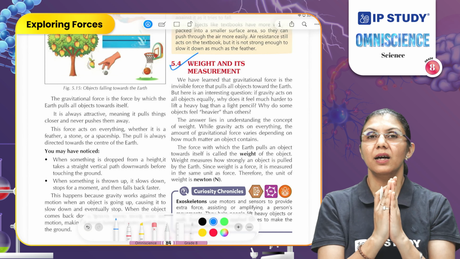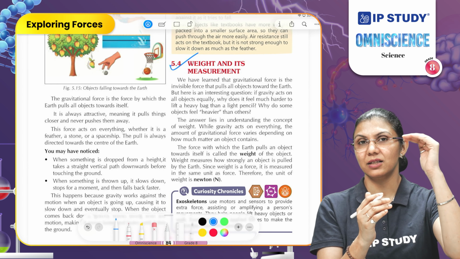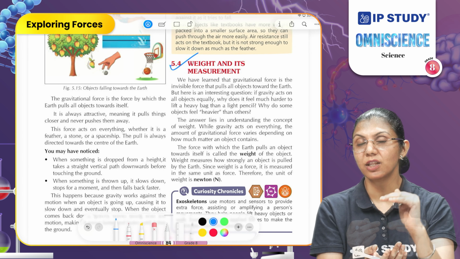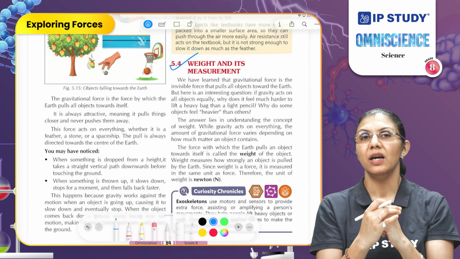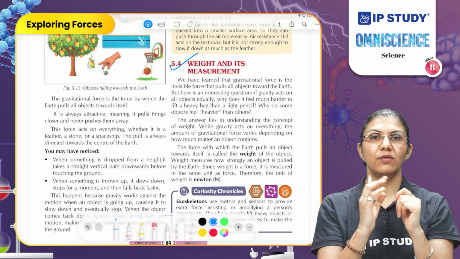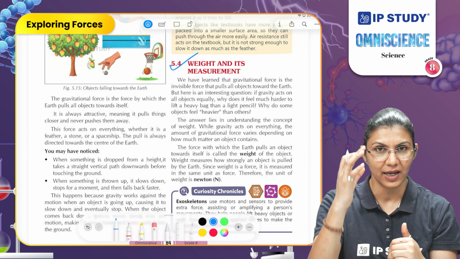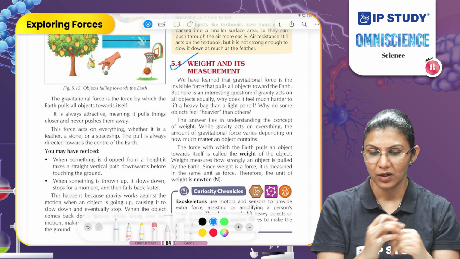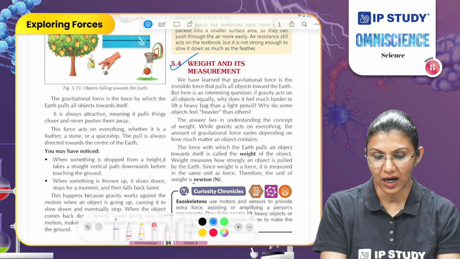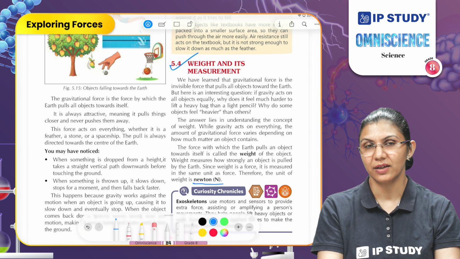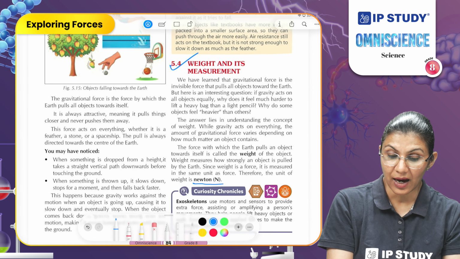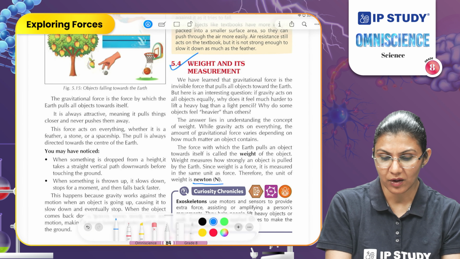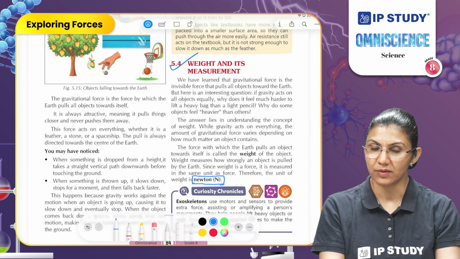But as it is the force applied on the particles of that object, we also conclude that weight is a kind of force acting on that object due to gravitational pull. So if we are calculating the weight, we are calculating a kind of force. As the unit of force is Newton, we will calculate the weight as well in Newton.